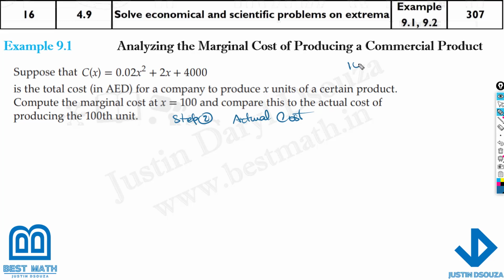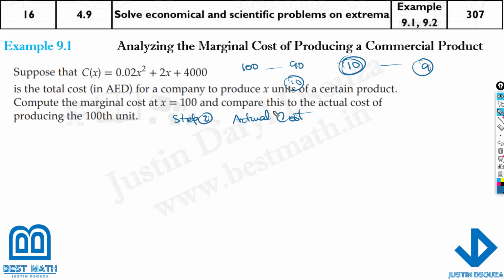Say you know the cost of producing 10 brownies is 100 dirhams, and the total cost of producing 9 brownies is 90 dirhams. If you subtract these, you get 10 dirhams. So we can find the cost of the 10th brownie by subtracting the cost of 9 brownies from the cost of 10 brownies.